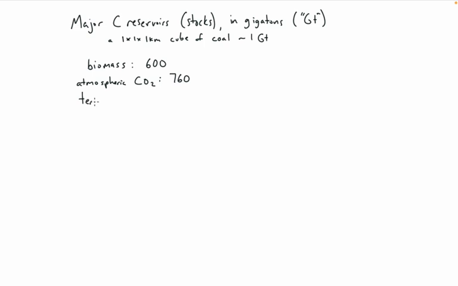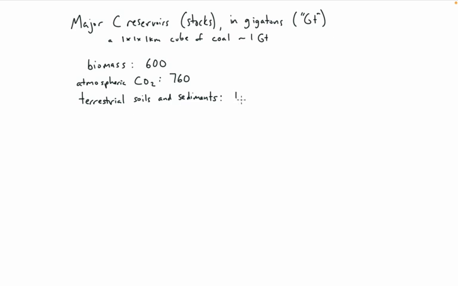And another reservoir of carbon that we touched on in that example: terrestrial soils and sediments. Terrestrial means on land, in the land, as opposed to in the ocean. So these would be like lake sediments, for example.